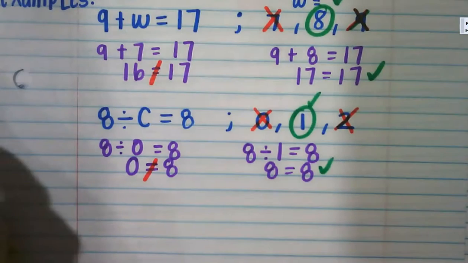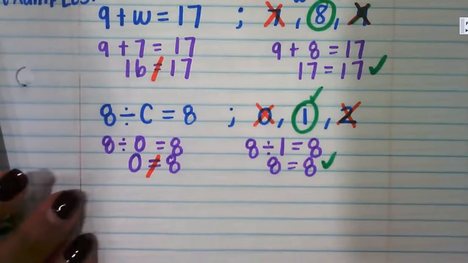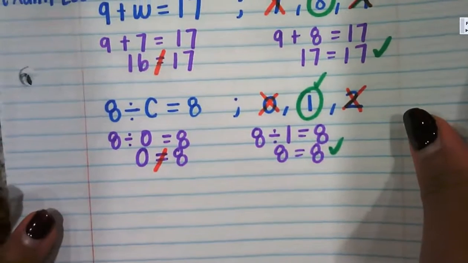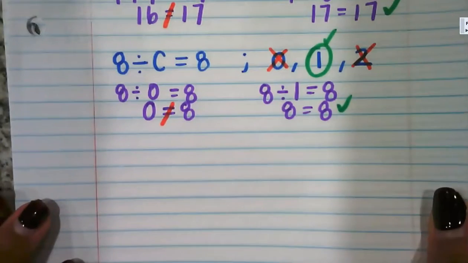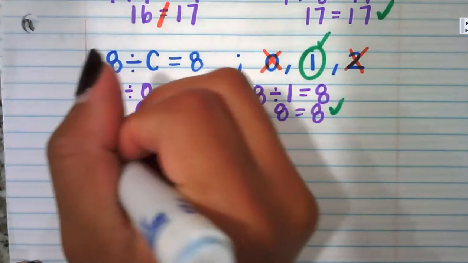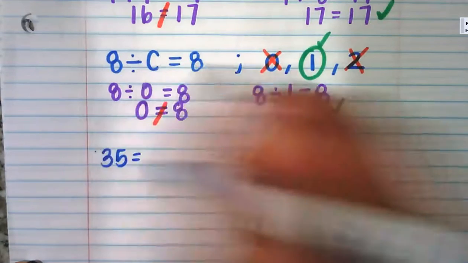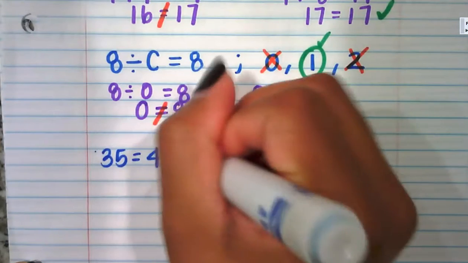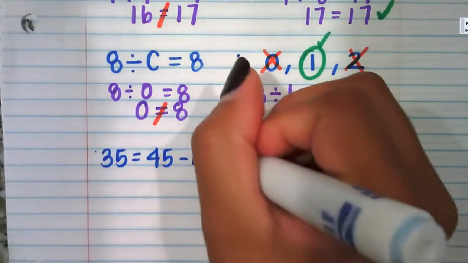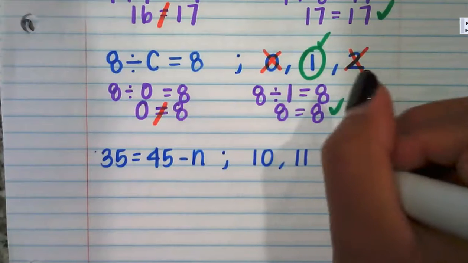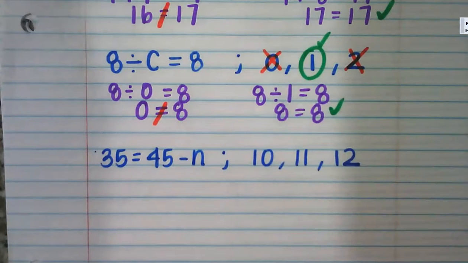All right, let's try 2 more examples, but with these 2, we're going to do a subtraction one and then a multiplication. So let's do the next 2. 35 is equal to 45 minus n. And our solutions are 10, 11, and 12.